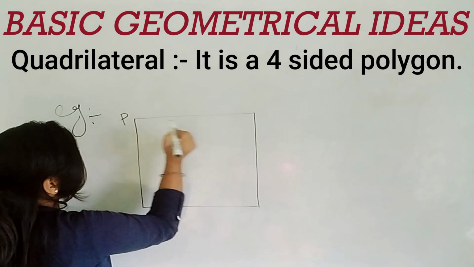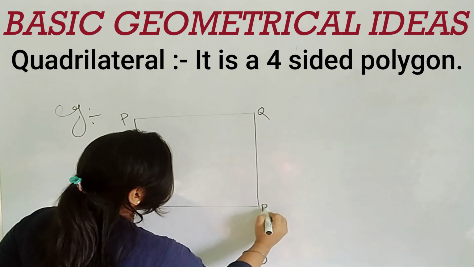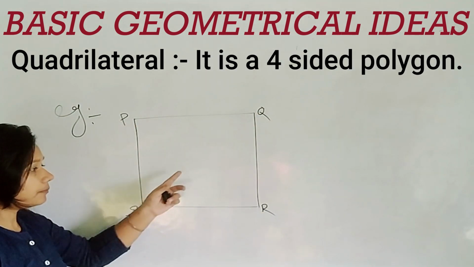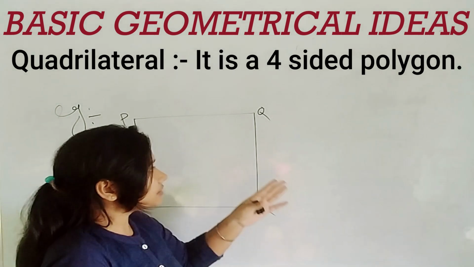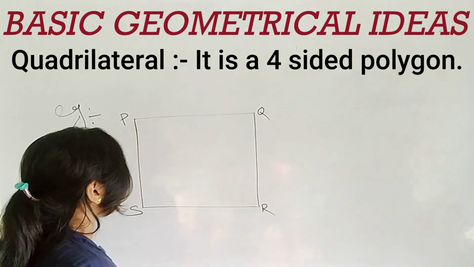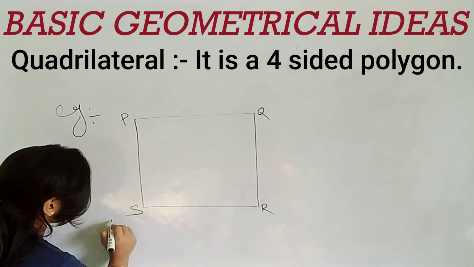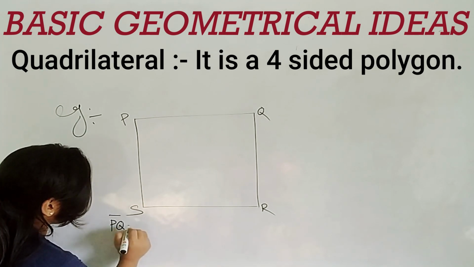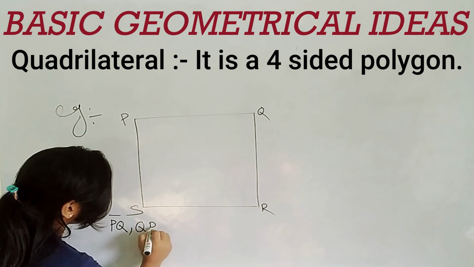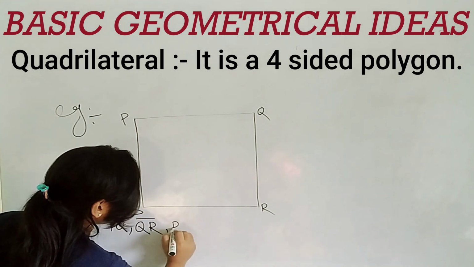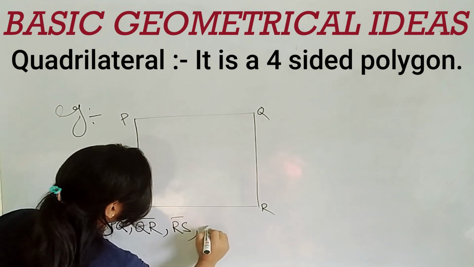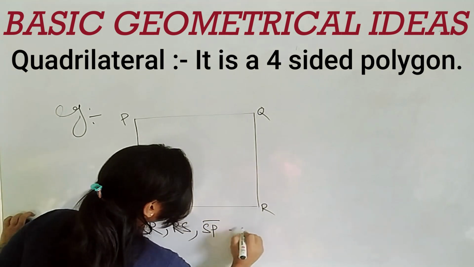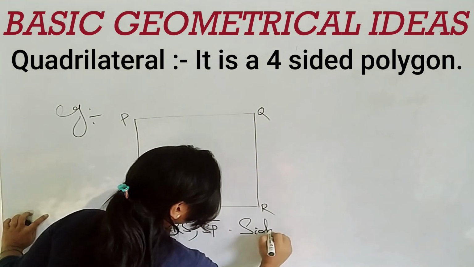Right? PQRS. This is a polygon, and the four sides and the four angles are here: PQ and QR and RS and SP are four sides of this polygon.